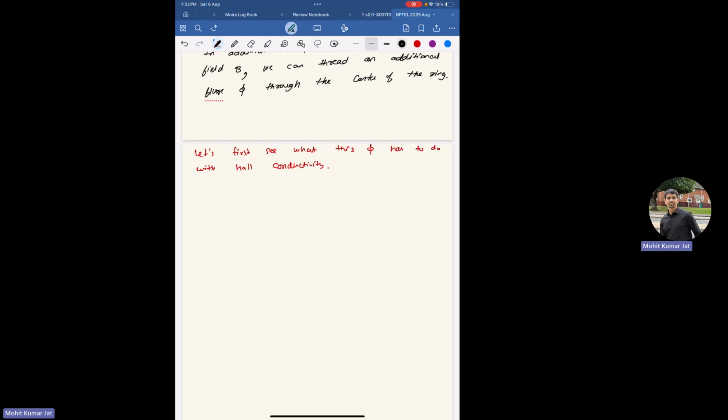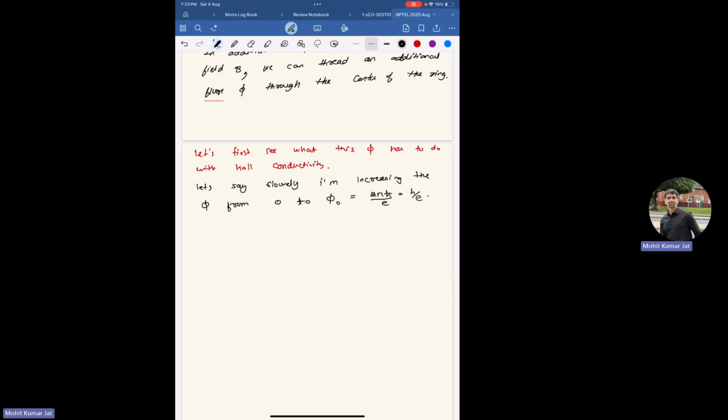Suppose that I am slowly increasing the flux phi from 0 to phi naught. And phi naught, I know, is 2 pi h bar by e, that is h by e, the flux quantum. Here, what do I mean by slowly?